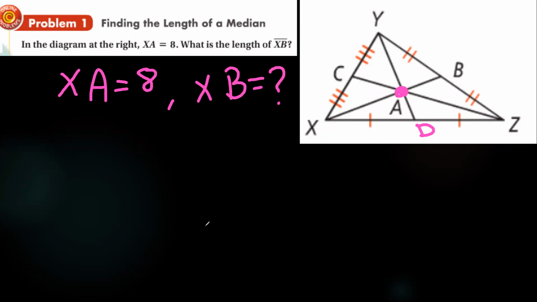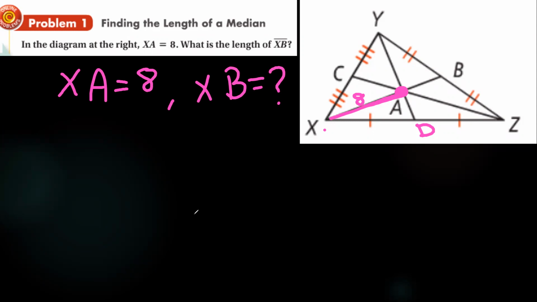Now, in the diagram at the right, if the length of XA is 8, what is the length of XB? The length of XA is 8. What did I need? I need to find the length of XB. Now, from our theorem, what is the relation between them?